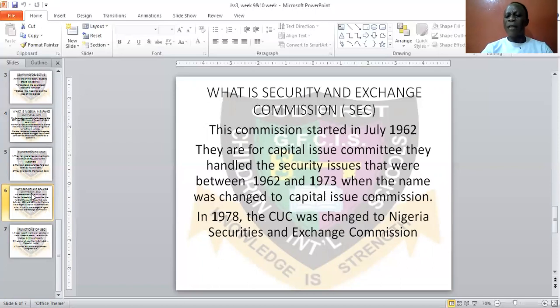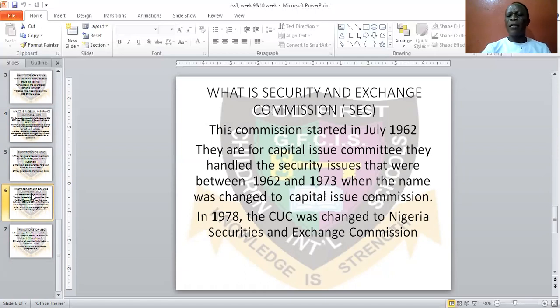SEC is the apex regulatory institution of the Nigerian capital markets. What is capital market? When we are talking about capital market, we know market, but what is capital market?